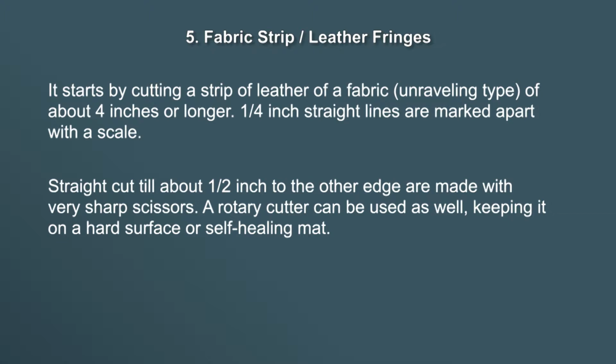Quarter-inch straight lines are marked apart with a scale. Straight cuts till about half an inch to the other edge are made with sharp scissors. A rotary cutter can be used as well, keeping it on a hard surface or self-healing mat.